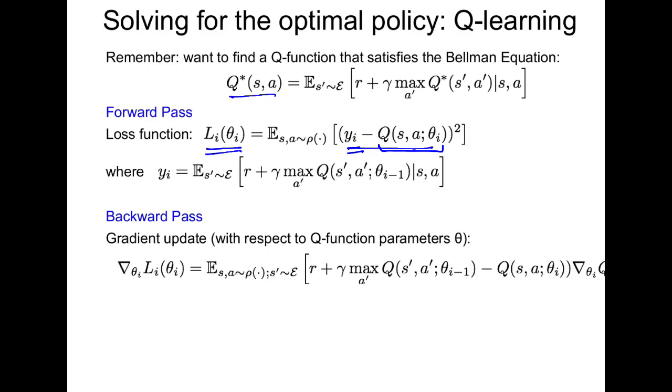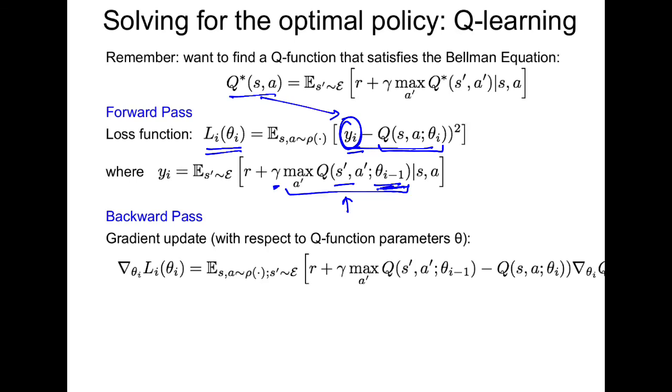Now, yi in reality, we want it to be Q star S, A, but we don't have Q star S, A. So what do we do here? I replace it with the current neural estimate at time step i minus 1. So I use the current neural estimate by my neural network, and using this I find the maximum, the action at the next state.